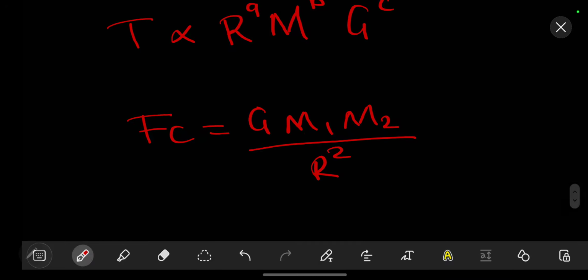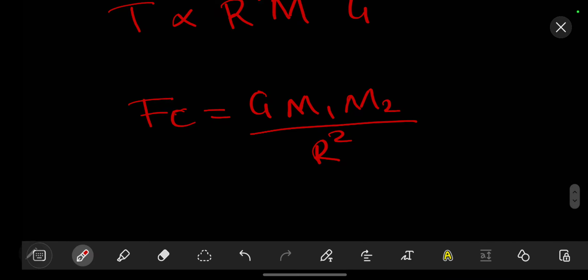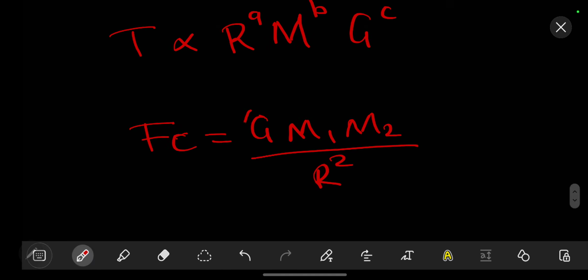So this is the formula we use to find the force exerted by two objects in space. So now we just want to find out what are the dimensions of g.